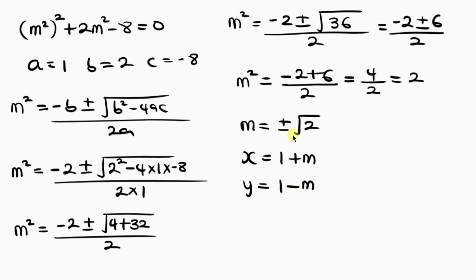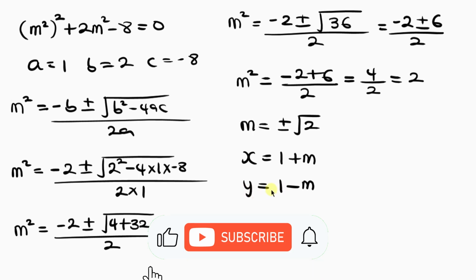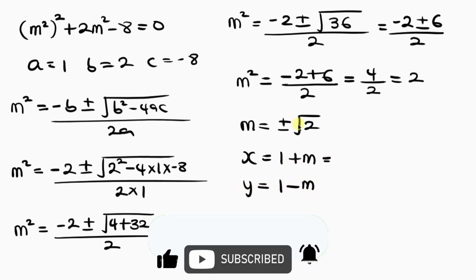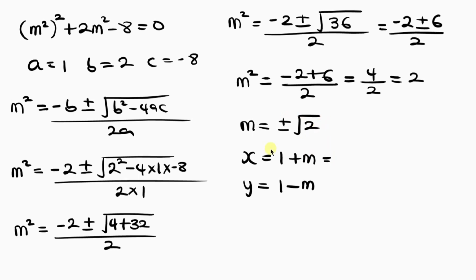So let's substitute the value of m here to get the value of x, and also substitute for y to get the value for y. So when m is the positive root 2, x will be 1 plus root 2. Then when m is minus root 2, x will be 1 minus root 2.